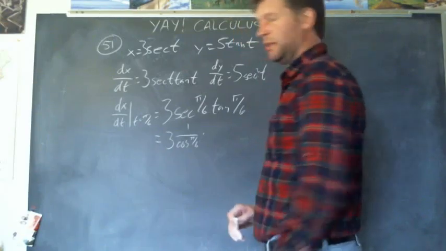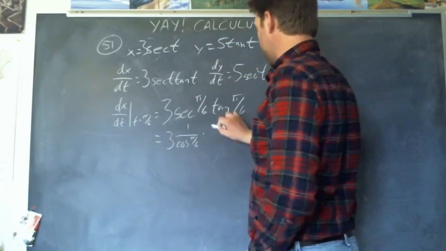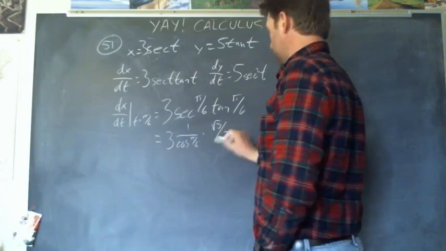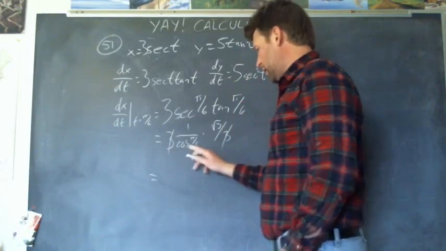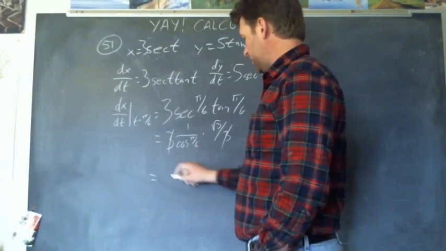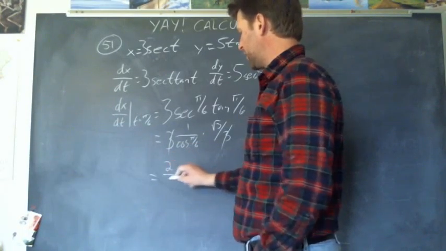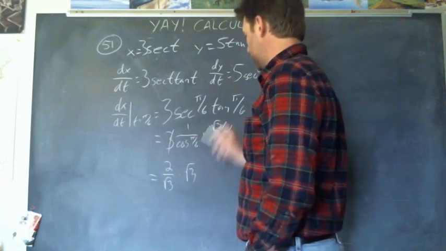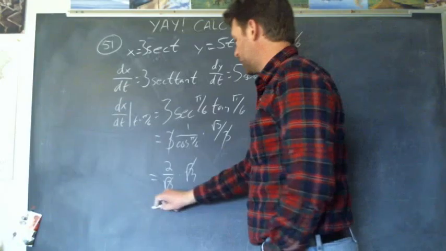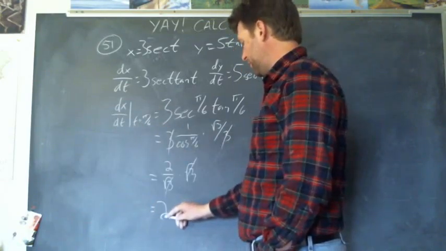Tangent of pi over 6 is radical 3 over 3. These 3's can cancel out. Cosine of pi over 6 is radical 3 over 2. 1 over radical 3 over 2 will be 2 over radical 3, times radical 3 still from up there. So dx/dt at pi over 6 is 2.